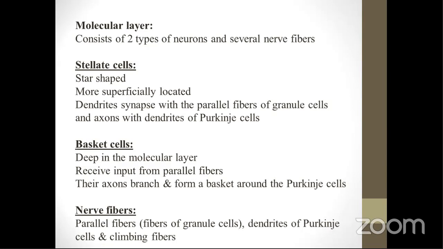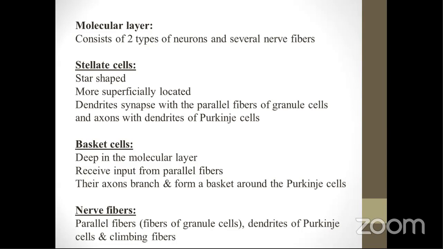These are star-shaped cells, very superficially located, and they synapse with the parallel fibers of granular cells and axons of Purkinje cells. The second one is the basket cell. This is also present in the molecular layer, and it receives input from parallel fibers, and its axons form a basket-like structure around the Purkinje cells.